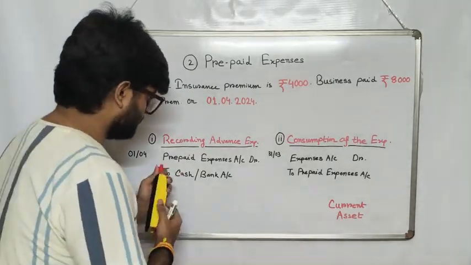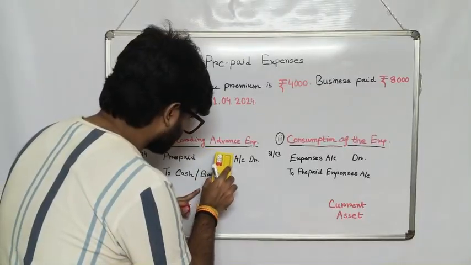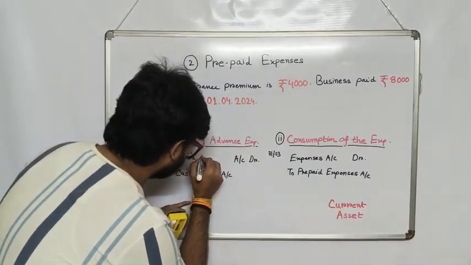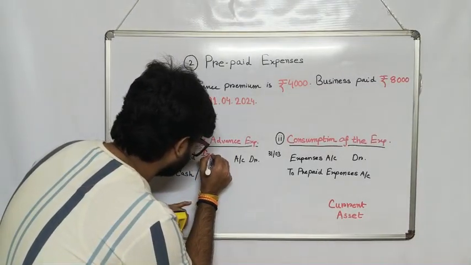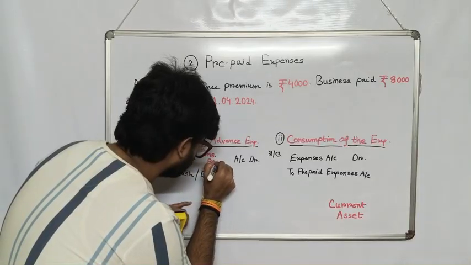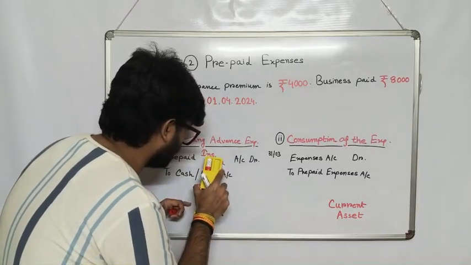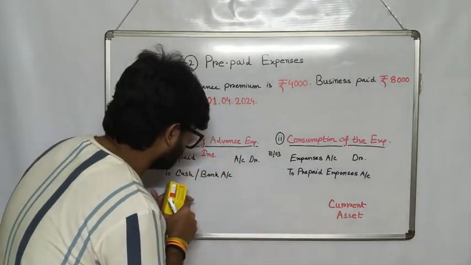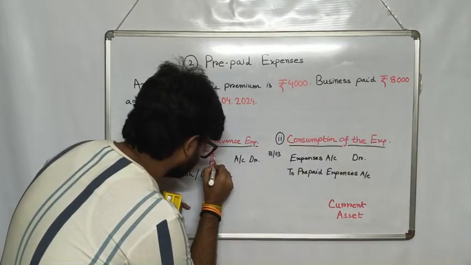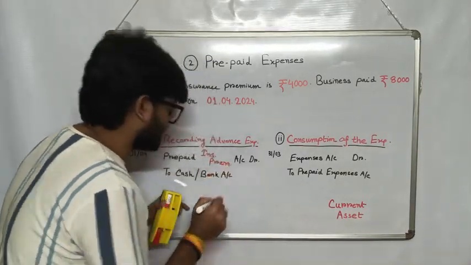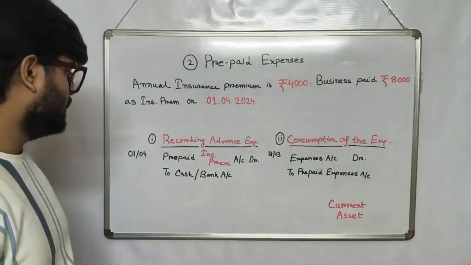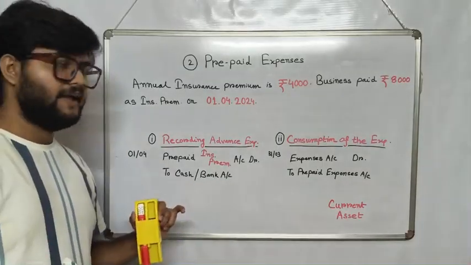So I'm writing it down. Prepaid insurance premium account debtor to cash or bank account.